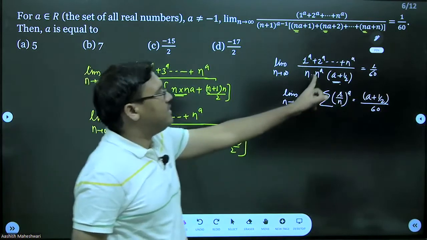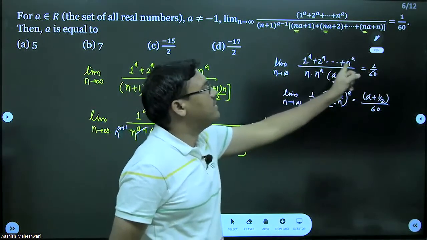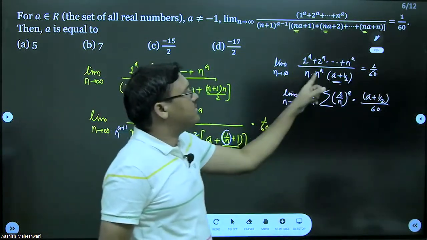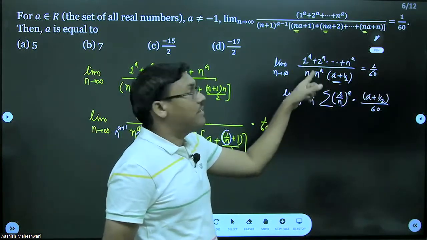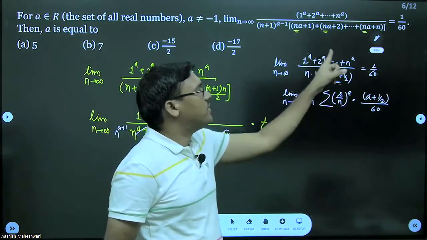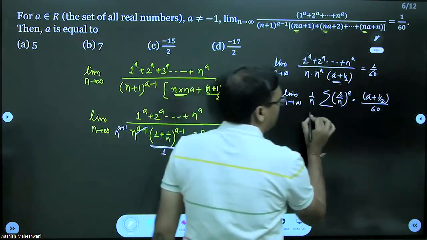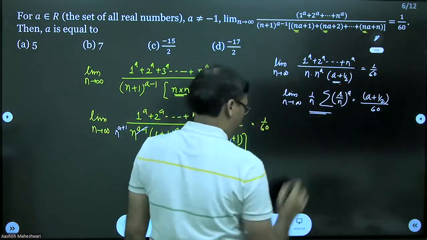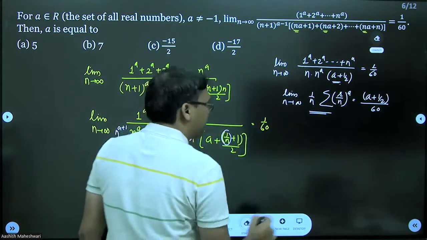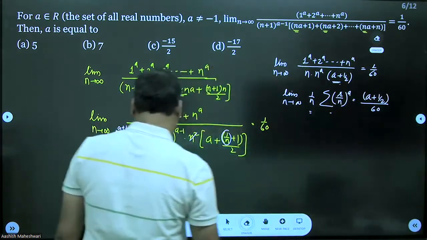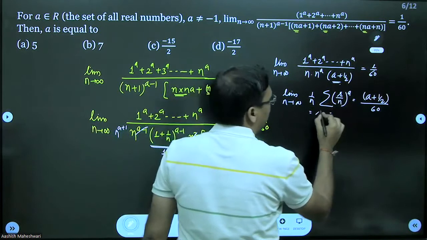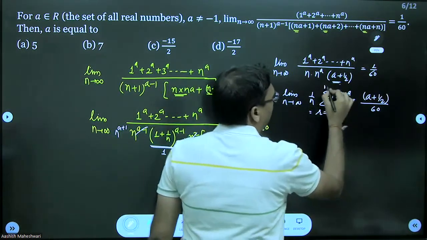Check this expression. I have taken n by a inside this. You can see this is 1 by n raised to a, 2 by n raised to a, 3 by n raised to a, and so on. Now what is this expression? And the value of r, you can check, is varying from 1 to n.